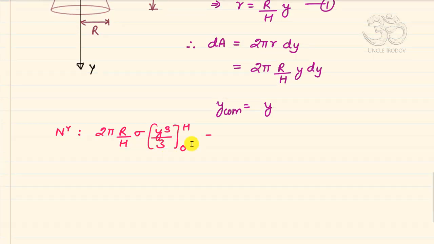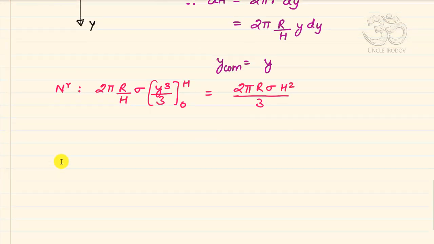So you're going to get H cube by 3, which is 2 pi R sigma H square by 3. So 2 pi comes here, R comes here, sigma comes here, H cube and H will give you H square, and then by 3. And what will be the denominator?